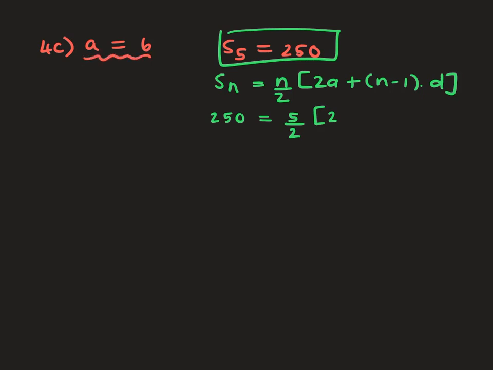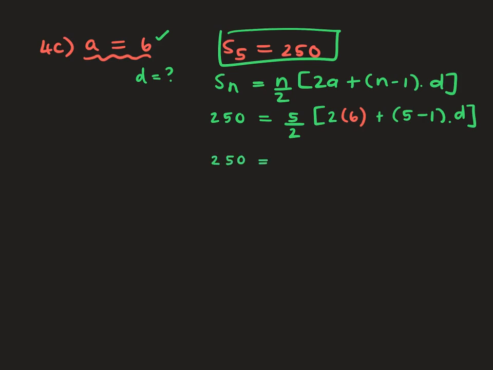We know it from over here. So let's just sub it in already. 2a plus n, so we know there was 5 terms. I don't know the constant difference. So in this question, they've given you a. It's d, the constant difference, that we are trying to find. And then once I have that, I can create the general term for this pattern and work out term 12. But let's get back to this one over here.